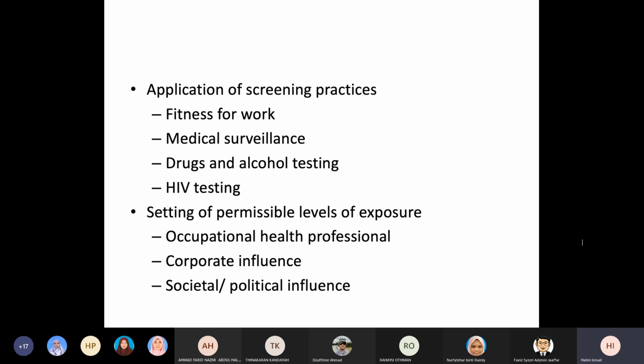So in setting up this permissible exposure limit, it basically involves corporate influence, political influence, or societal influence. Previously, our PEL for noise was 90 decibels time-weighted average.